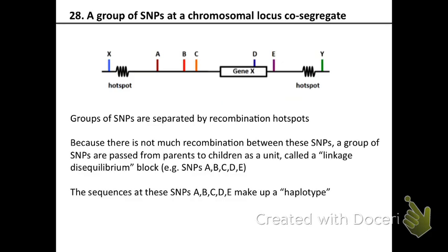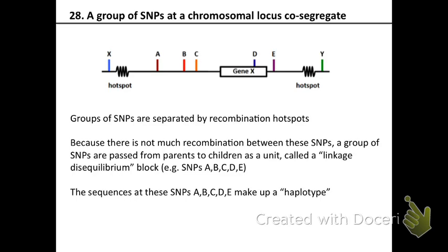So a lot of studies that compare the DNA sequences of two individuals don't sequence the whole genome. What they do is they sequence certain locations only, certain SNPs at certain locations, because we know that a SNP at a location is linked to other SNPs in the neighboring location.